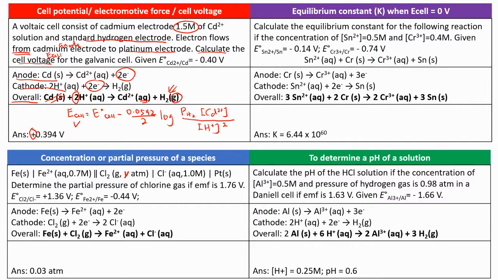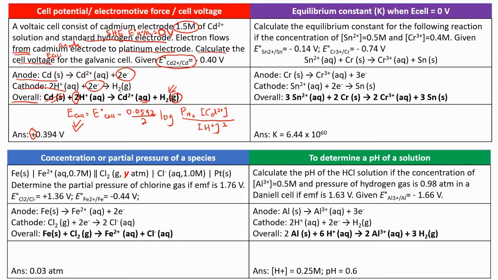We have focused on how to find the E cell because it's already given us the standard reduction potential for cadmium. Standard hydrogen electrode means that the standard reduction potential for hydrogen equals 0. So this one you must know.